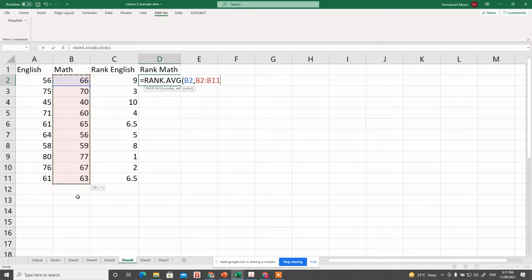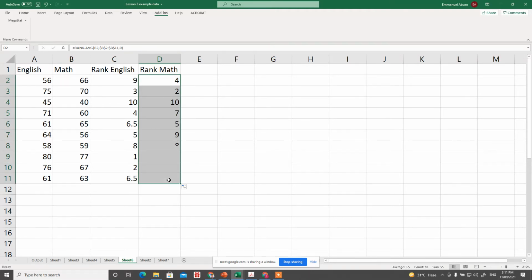For the reference, we're going to place a dollar sign here so it will stay permanent whether we drag the table. Close. So in other words, 66 is 4, 70 is second, 40 is 10.